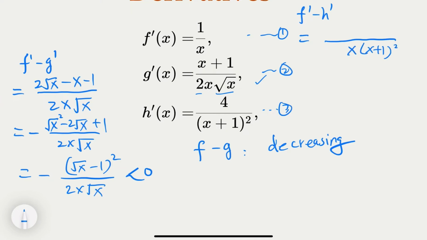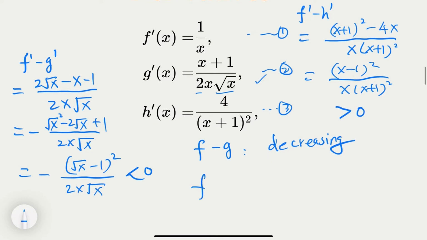That would be (x plus 1) squared minus 4x. And if you expand it out, you find out that the top can be written as (x minus 1) squared over x times (x plus 1) squared. x is positive, and this whole thing is always positive. So f minus h is increasing.